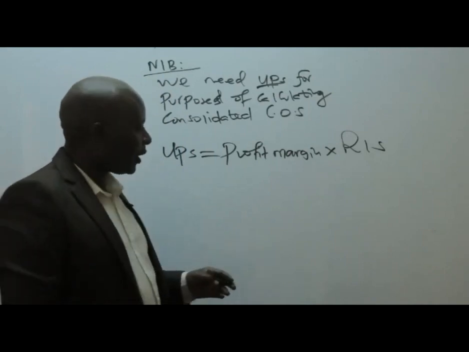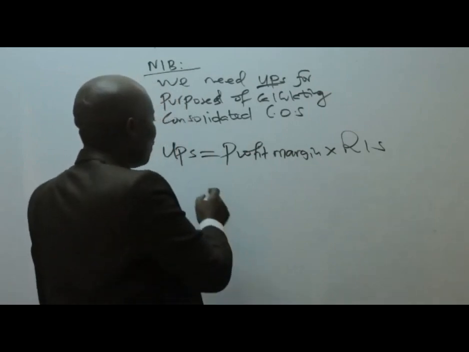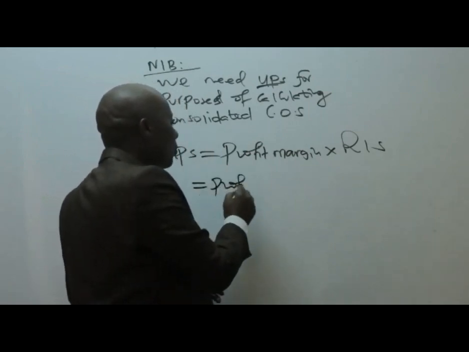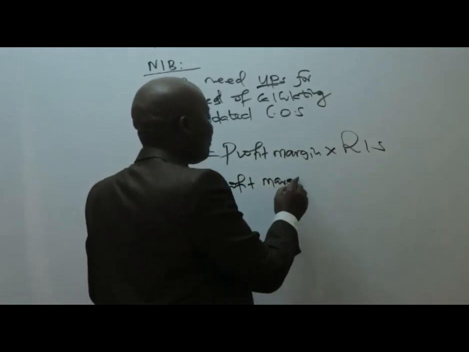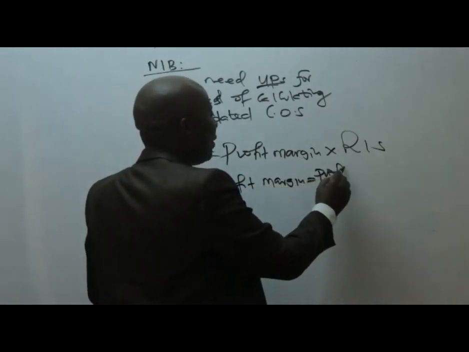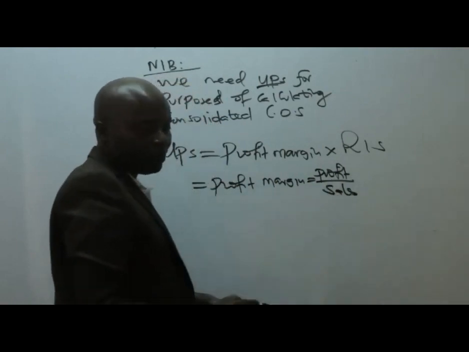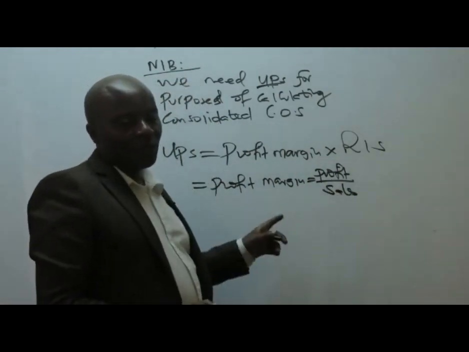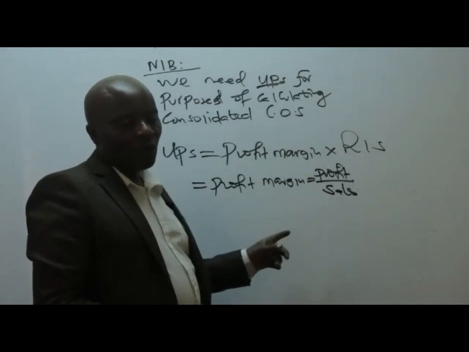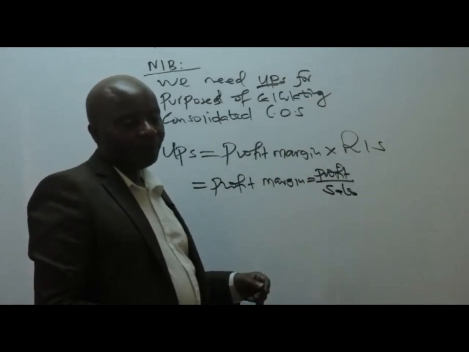This question, of course, they haven't given us profit margin, but we can calculate it ourselves. To get profit margin, we normally take profit over sales. Profit margin equals profit over who? Over sales.